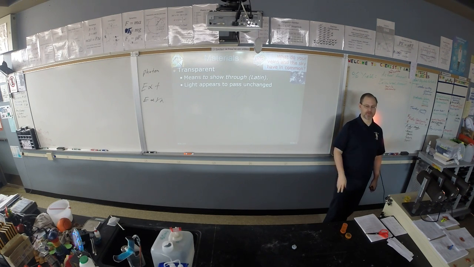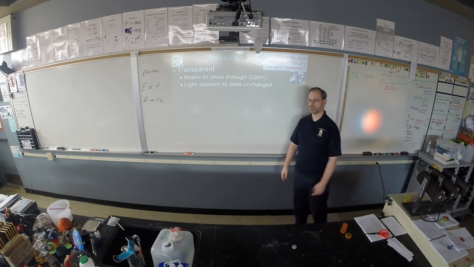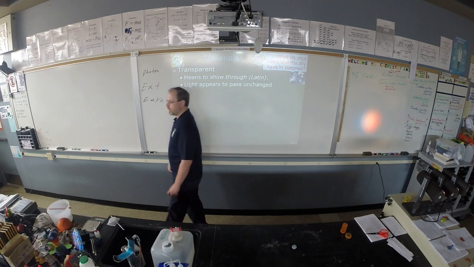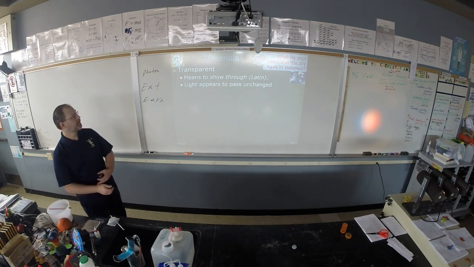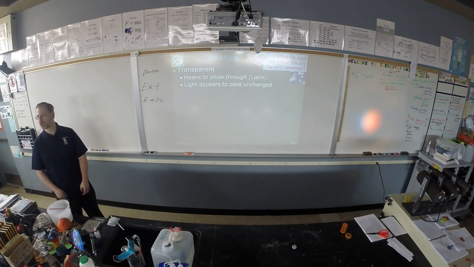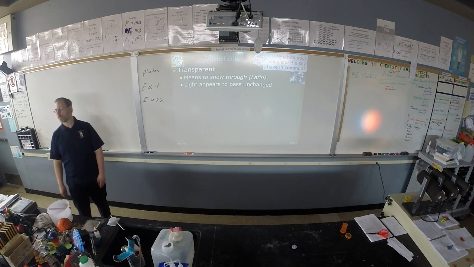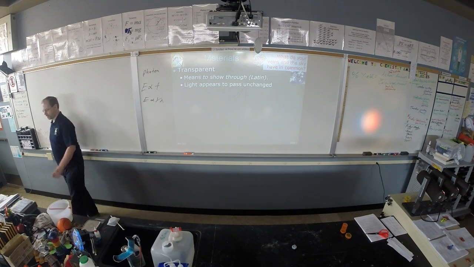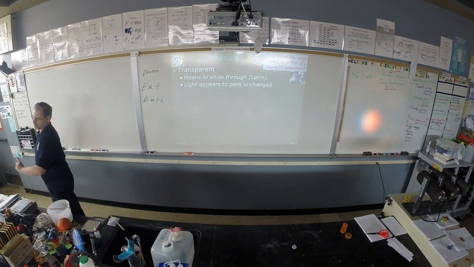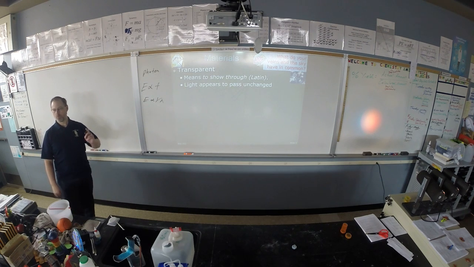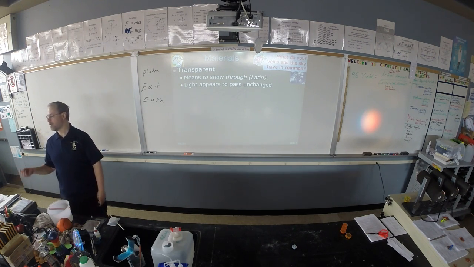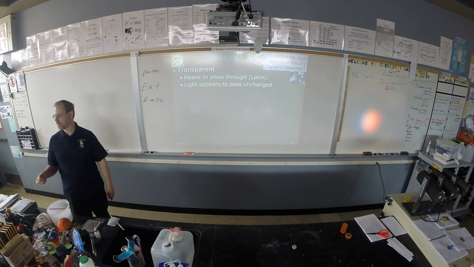Glass is transparent. Transparent means to show through or move through, so light appears to go through it unchanged.